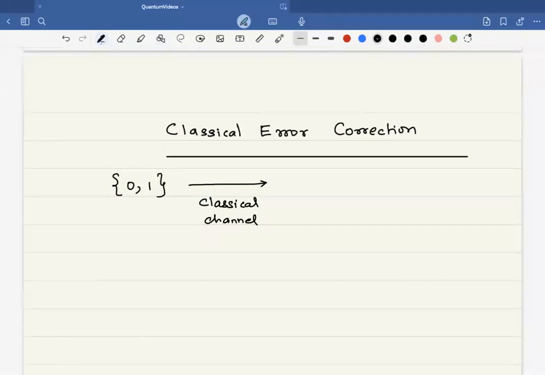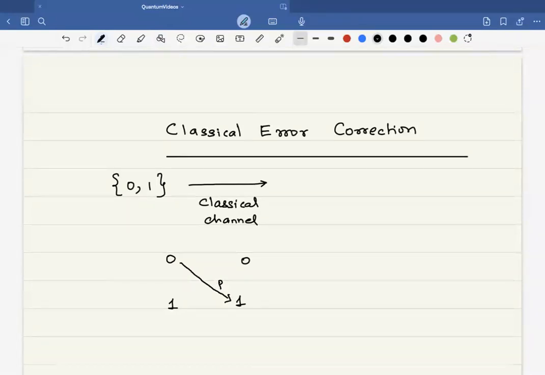The channel will introduce some errors in the transmission. So a 0 could be converted to a 1, or a 1 could be converted to a 0. Let's try to model this classical channel. One model is what is known as a binary symmetric channel. A 0 has a probability, let's say P, of going to a 1.